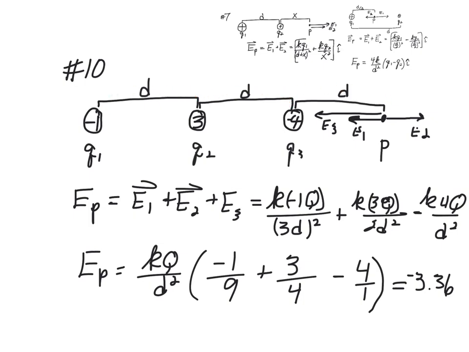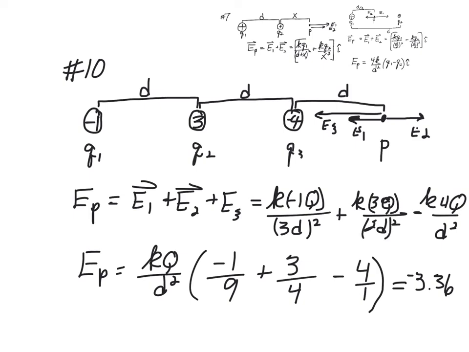That's a distance of 3, so 3D squared, plus E2 is positive, so that's K times the charge, 3Q, divided by the distance squared, 2D squared. Oh, I should have parentheses there.